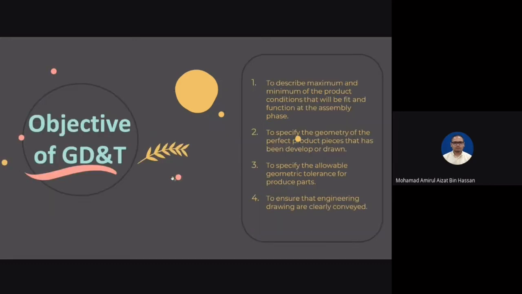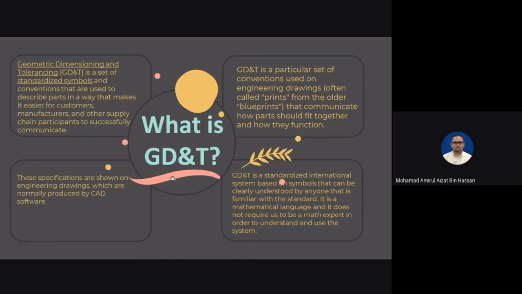If GD&T seems complex, it is only because there is a long list of ways physical parts can deviate from the geometric ideal, what the designer had in mind. The shaft could be slightly bent, slightly twisted, slightly tilted, and slightly offset from where it was intended.